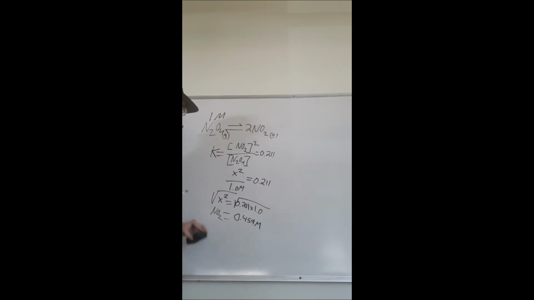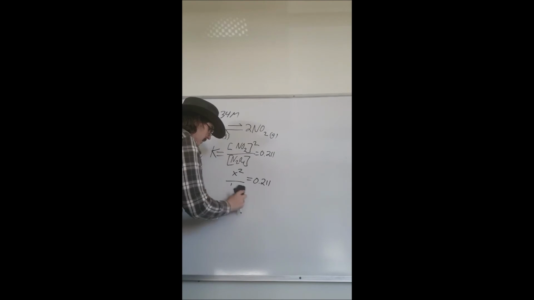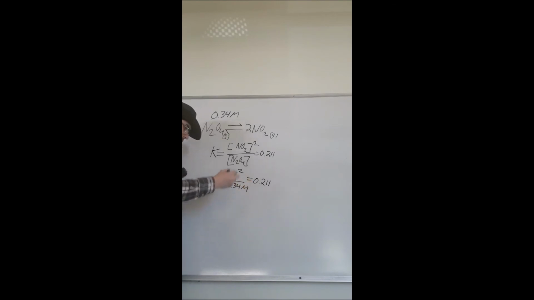Now, what if instead of 1 molar, we're given that the concentration of N2O4 is 0.34 molar. We can do that just as easily. Instead of 1 it is now 0.34. Once again, we have to isolate the x.